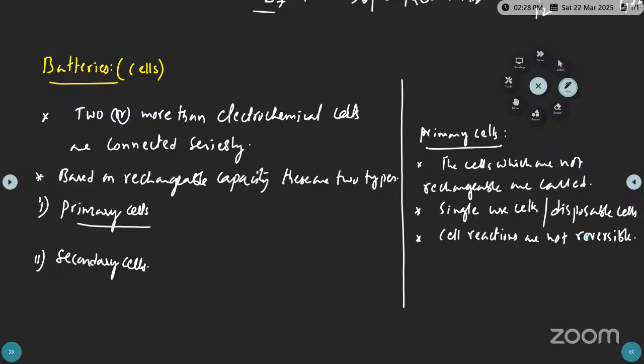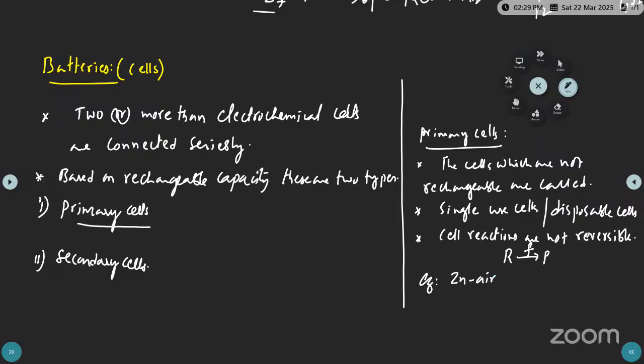Forward reaction means only reactants are converted into products, but products are not converted back into reactants. So those cells are called primary cells.